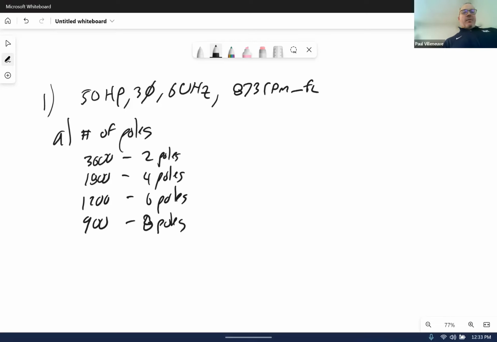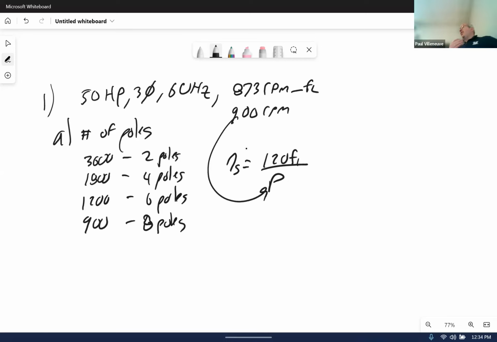The equation that we have is synchronous speed is 120 times the frequency divided by the number of poles. We know that an induction machine can't operate at synchronous speed. It has to be less. So the next nearest synchronous speed for 60 hertz is 900. So if you needed to do the calculation, you could have just plugged it in.